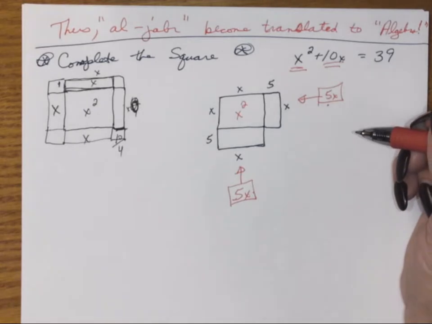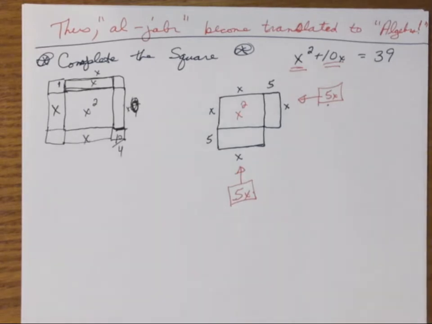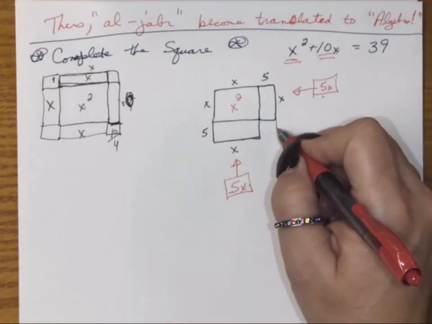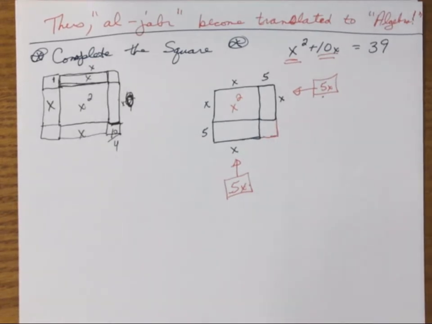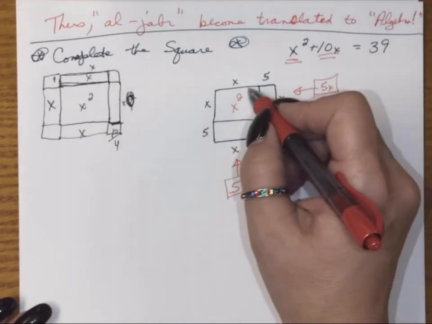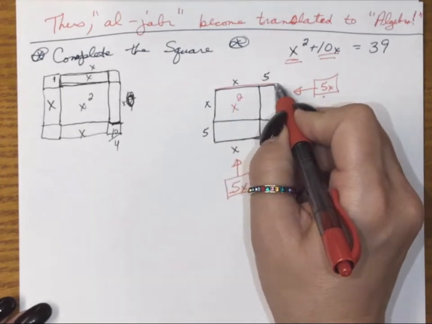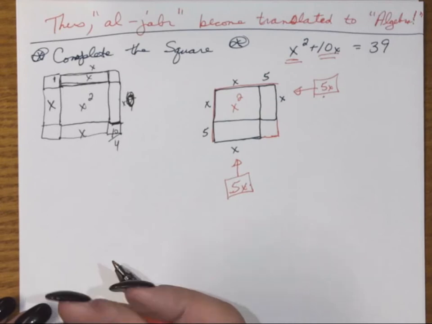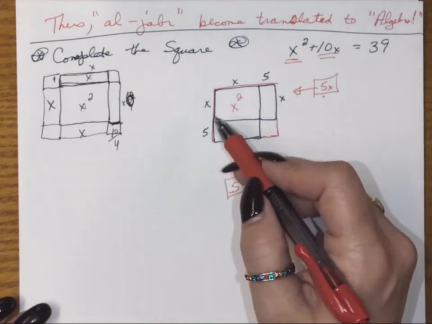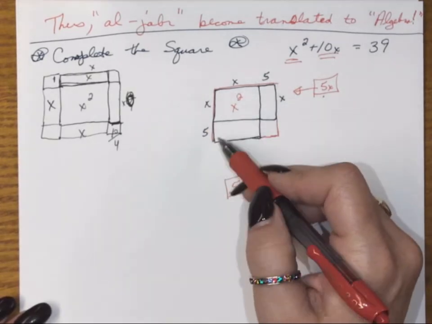And if I want to literally complete the square, I need to fill in this piece right here and see how big that box is going to be, okay? How big is that portion? It's going to be a square, actually, that I'm filling in to make this a total of x plus 5 times x plus 5, so that I still have a square there, okay? It's just that instead of x times x, now its total length is x plus 5 and x plus 5.